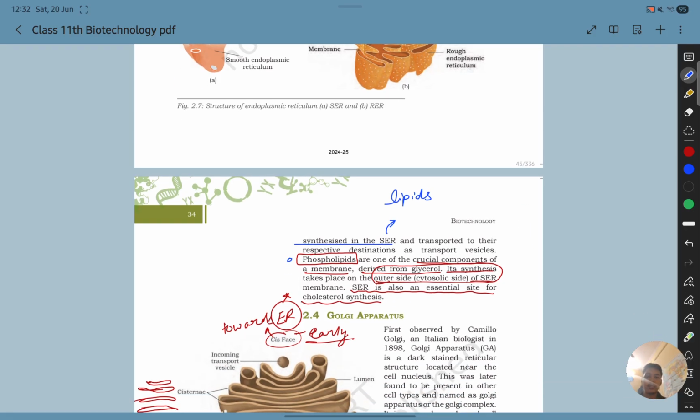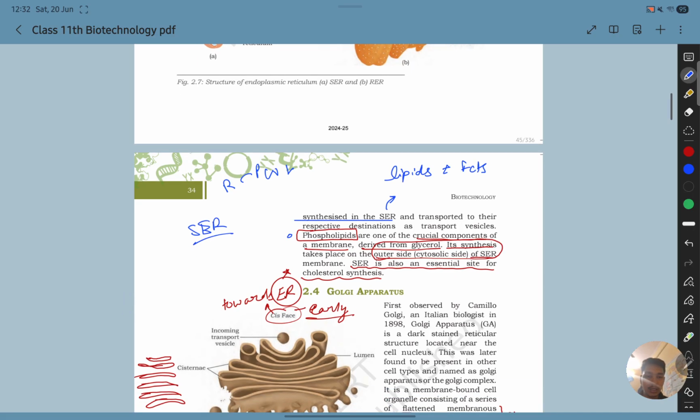So what does the smooth endoplasmic reticulum produce? The rough produces the protein. The smooth produces the lipids and fats used by the cell. It is made up of phospholipids, and a phospholipid is one of the crucial components of a membrane.